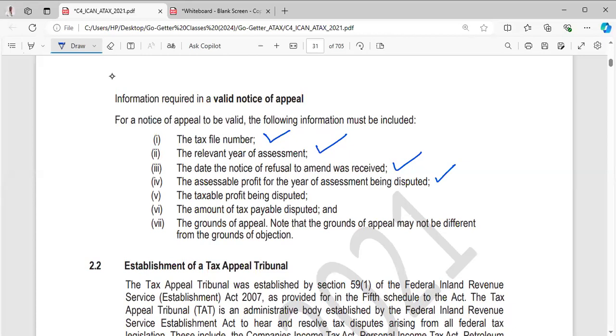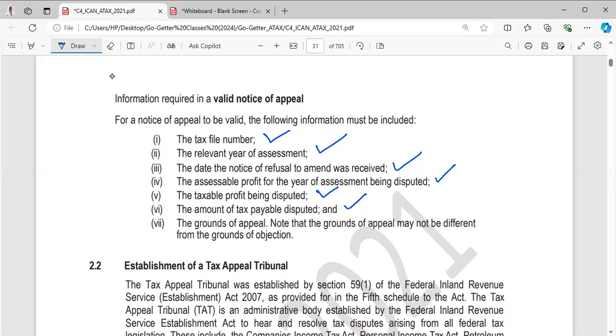Then after the assessable profit, you need to also state the taxable profit. When you state the taxable profit, then you have to state the tax that is being disputed. How much tax are you arguing with the tax authority?